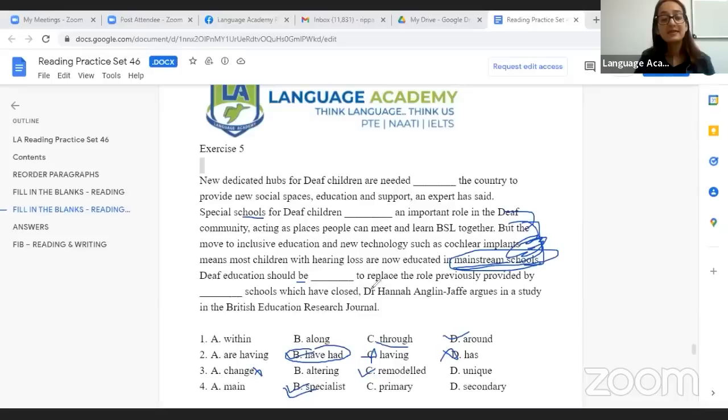Because in the previous sentence, they said now those students are going to mainstream schools. Mainstream means the normal schools, the main schools that we have. So within is used when we want to put a limit on something, when we want to say not out of this, then we say within.